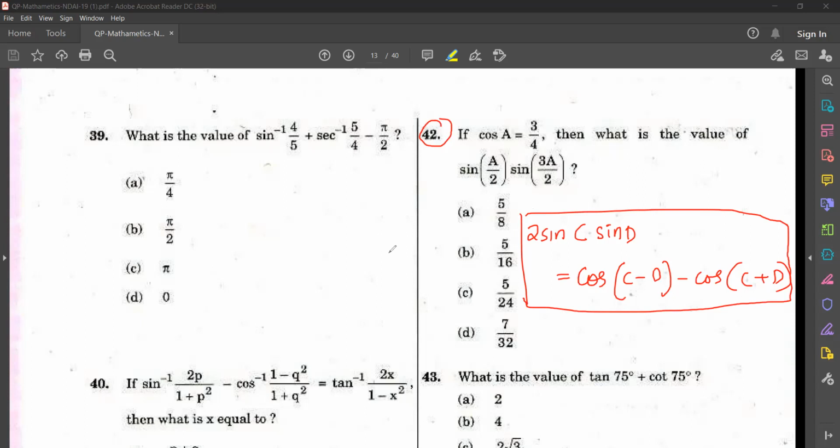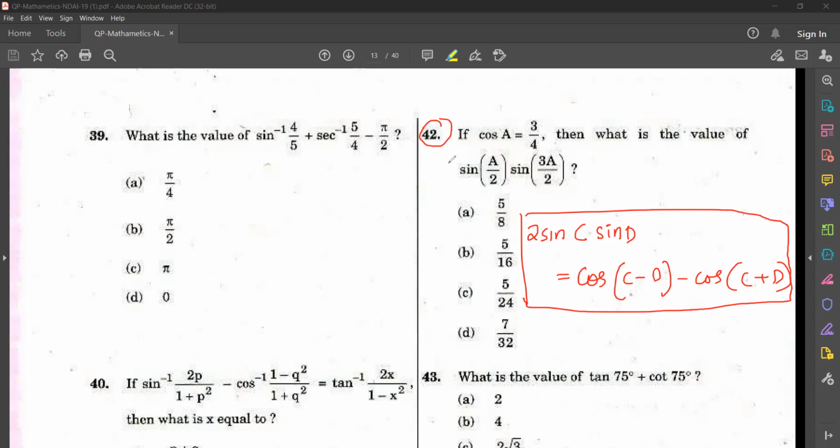Whenever cos is coming, cos C minus D plus cos C plus D gives 2 cos C cos D. So there are four formulas that you have to study like this. I will give you that, but before that, please do this.